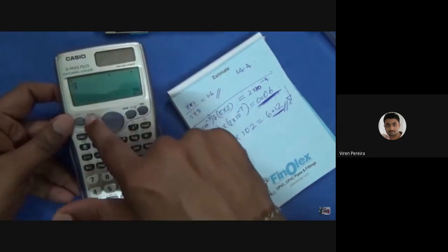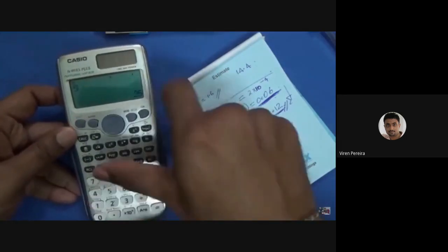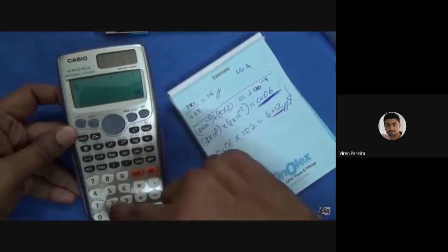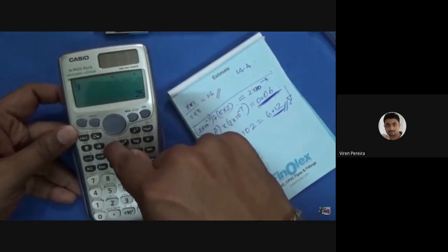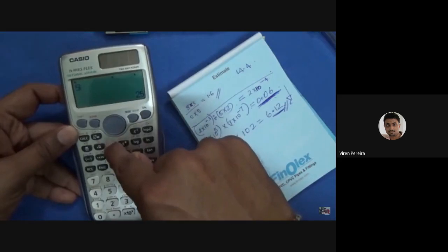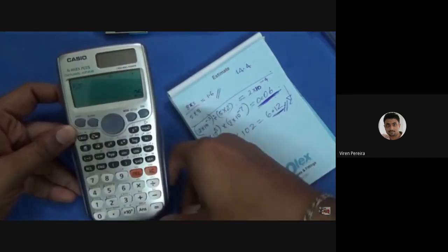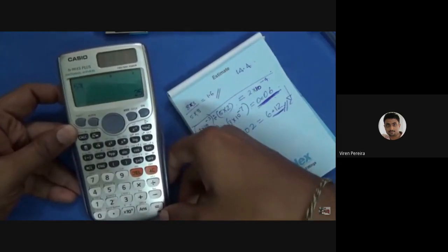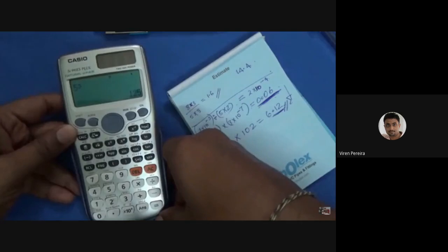If you press your alpha, your A comes. So now I'll press the shift, which will basically target all the gold terms in my calculator. So you see x into 3, I press this. So it will be 5 cube or 5 raised to the power of 3, which is equal to 125.